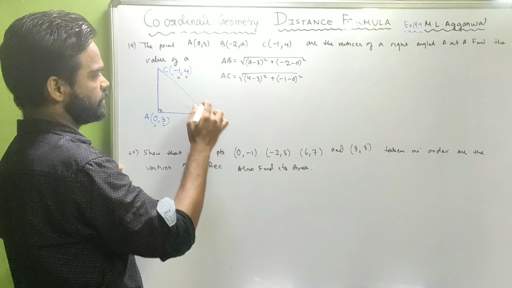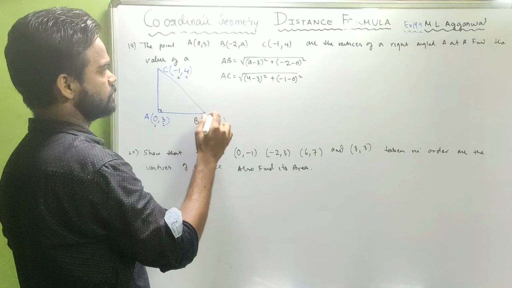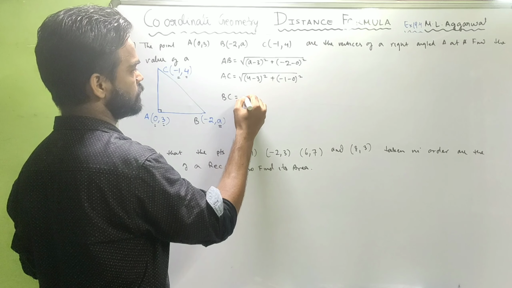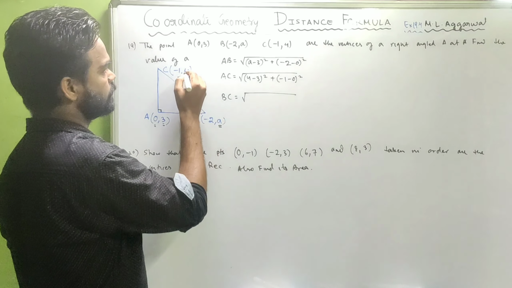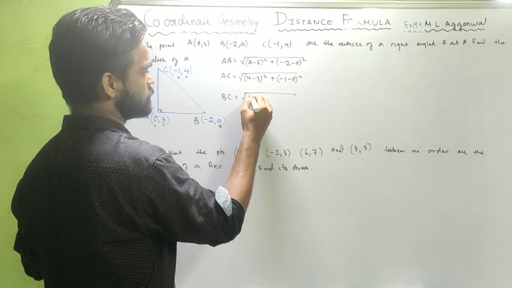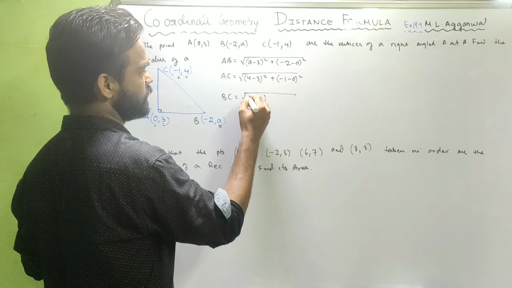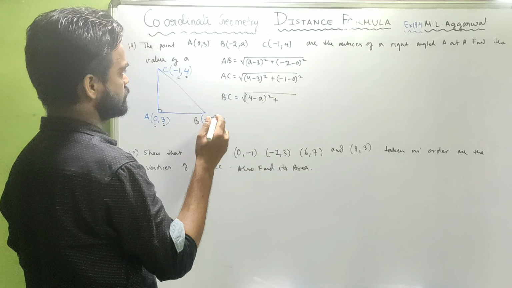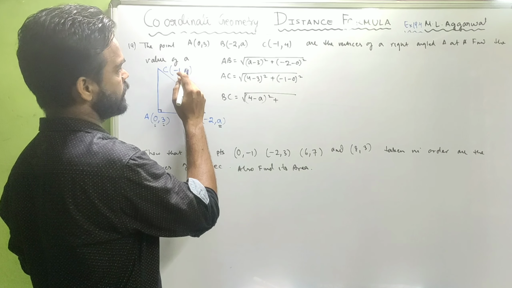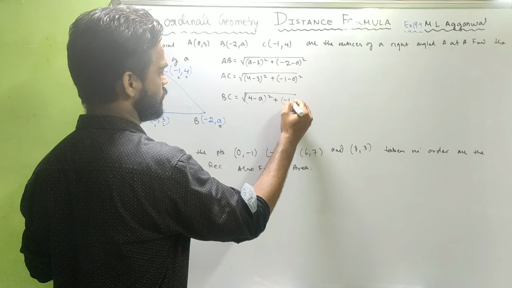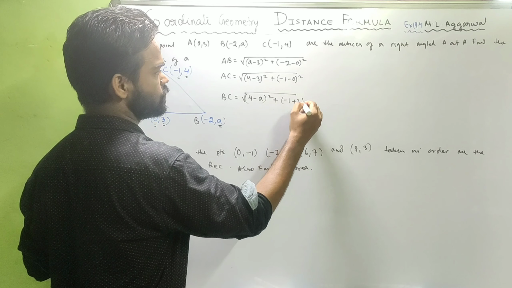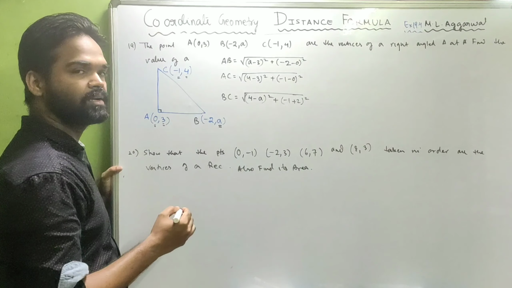Okay, find BC, this one. BC will be what? Same, y2 minus y1, that's (4 minus a) whole square, plus (x2 minus x1, that's minus 1, minus of minus 2 is plus 2) whole square. Am I clear?